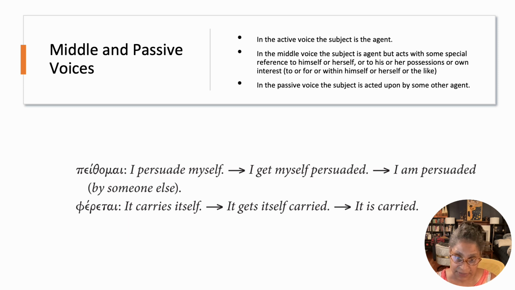So riptontai, right? Just use the middle form and have this mean exactly the same thing. They threw themselves into the water. Riptontai. Okay. So here, some examples taken from Mastronarde. Peithomai. So peitho, remember, means I urge or I persuade. And then in the middle, peithomai, I persuade myself. I get myself persuaded, or I am persuaded by somebody. Ultimately, I obey them, right? Pheretai, it is carried.